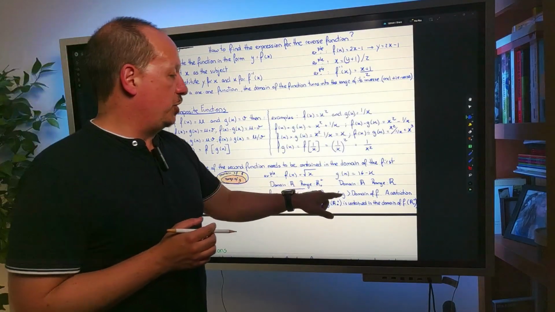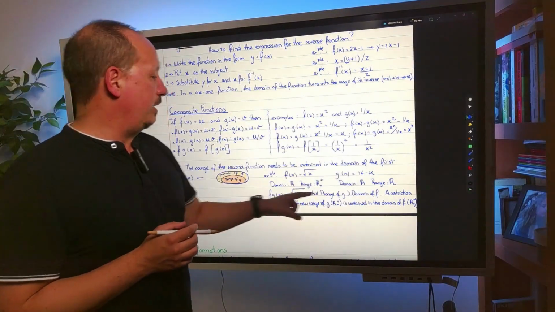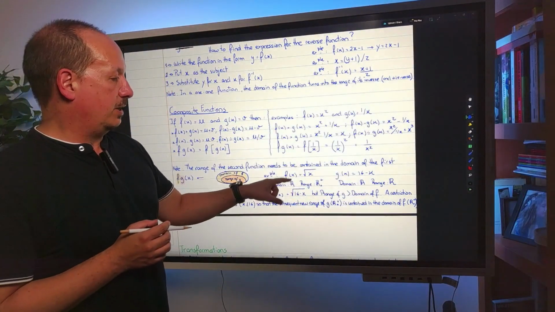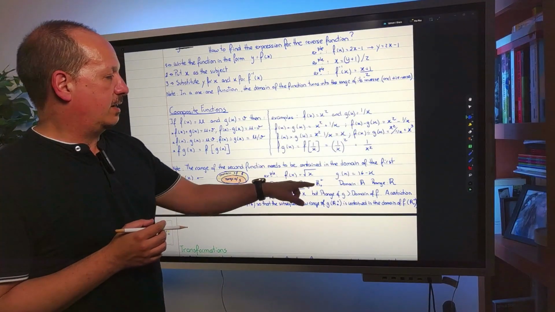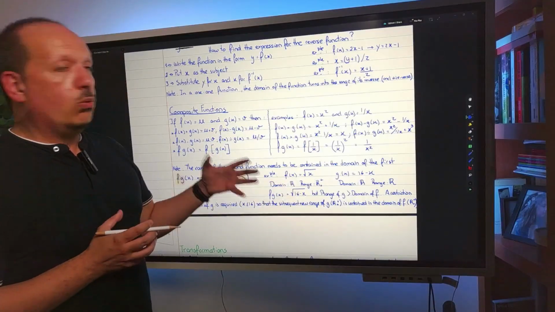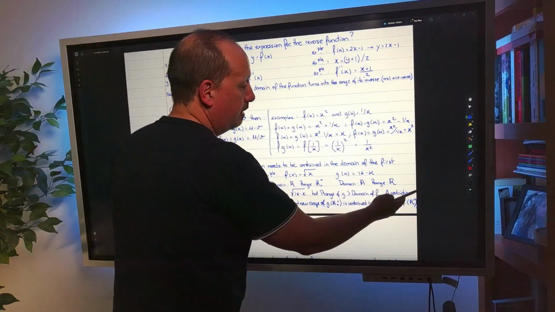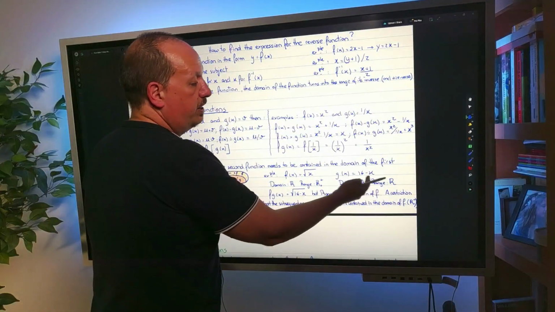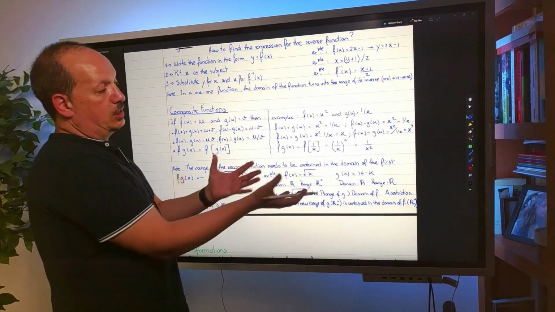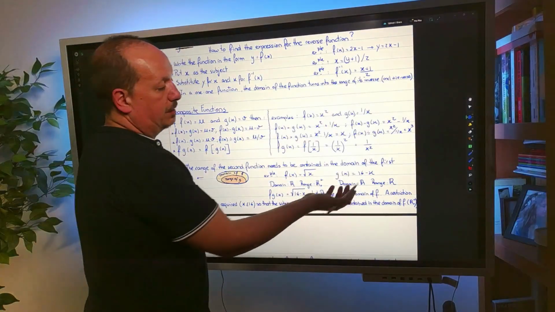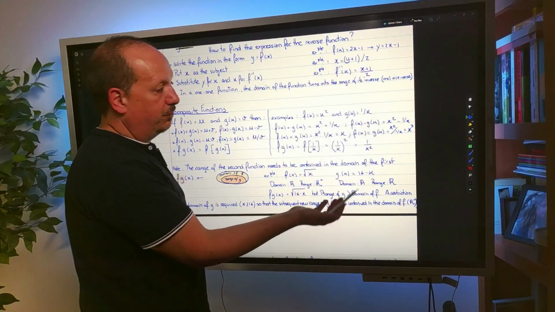But the range of g, which is R, is bigger than the domain of f. Okay, in this case I put R, but to be honest, this is R0 plus. So what do I have to do? I have to impose a restriction on the range of this. Technically speaking, g of x can take any value, including negative numbers.